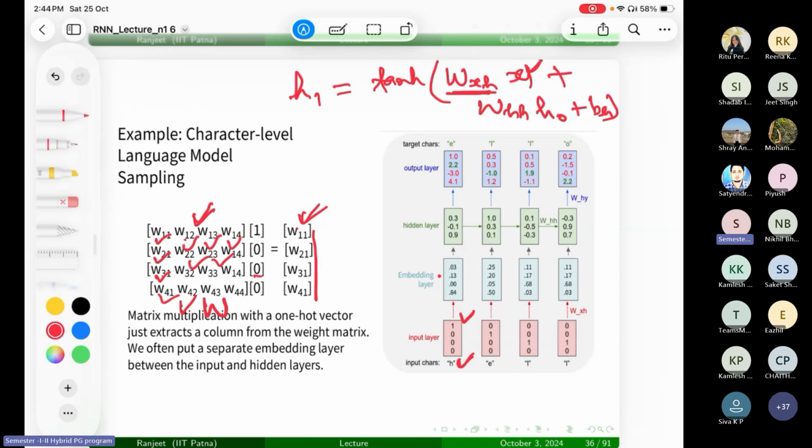In this case, these guys are participating, but I am biased. I'm biased towards only the first column, so for other columns I'm giving value 0, 0, 0.